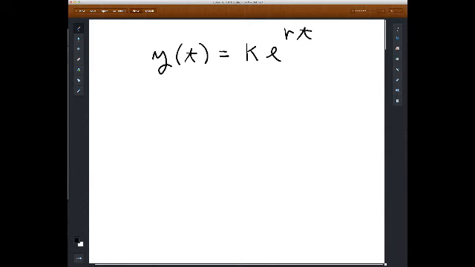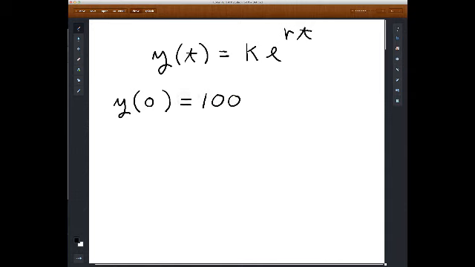Now let me translate the pertinent information. Let's assume for our calculations that the acceptable level is 1. So y at time 0, I could just set equal to 100, which is 100 times 1.